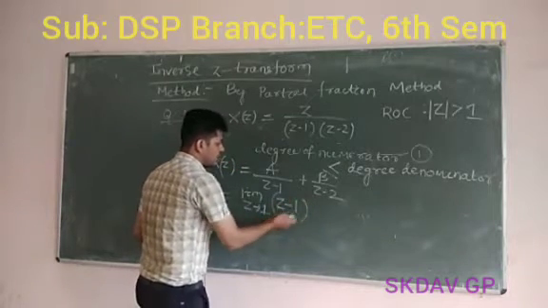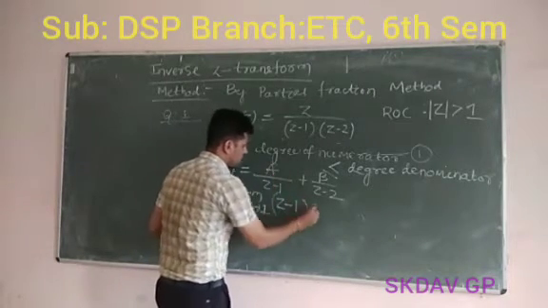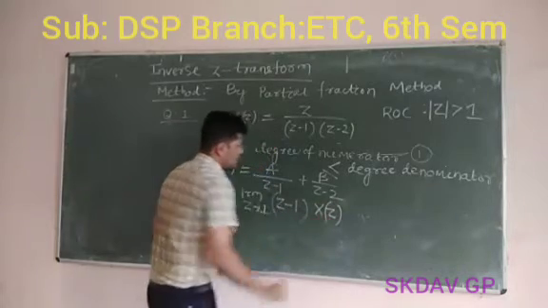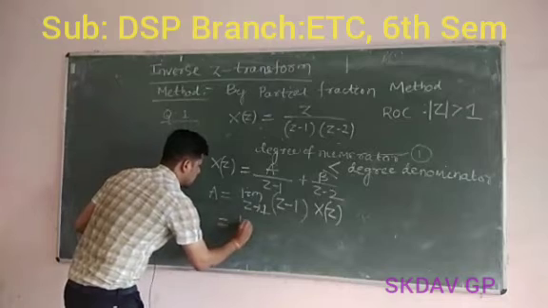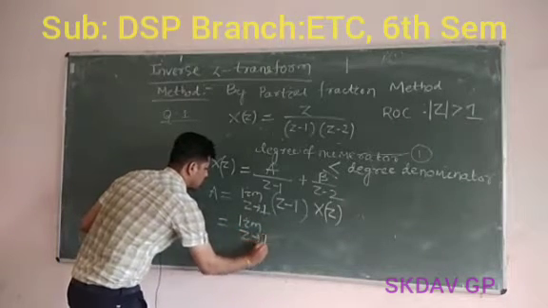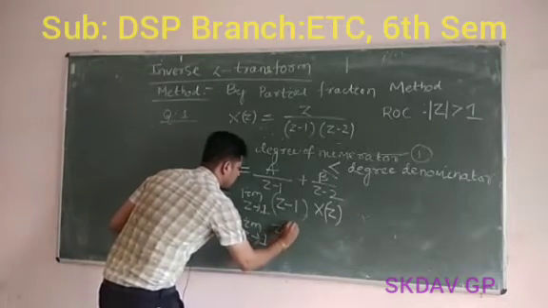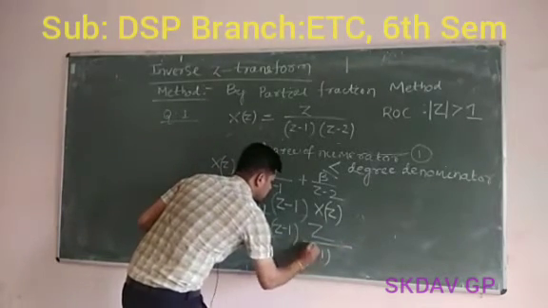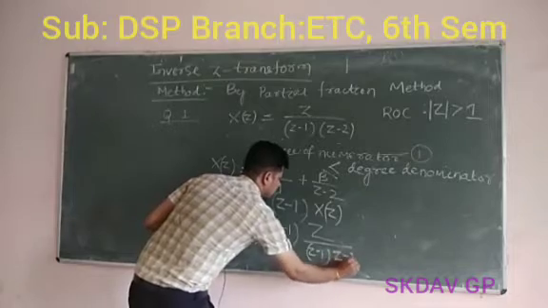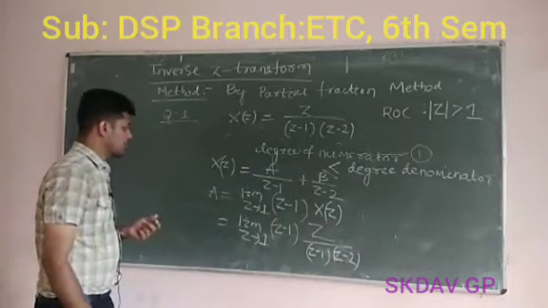Again the numerator will be written, that is z minus 1, and the function is given, that is X of z. Hence limit z tends to 1, (z minus 1) times z by (z minus 1)(z minus 2).